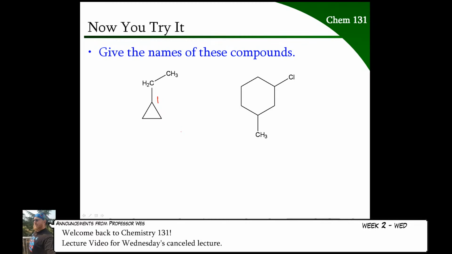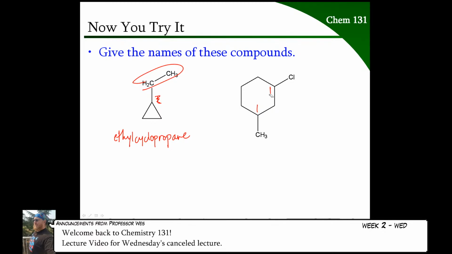On this first one, there is only one group, so we don't even need to number it. We just need to identify what it is. What is this? That's an ethyl cyclopropane. Over here on this one, I need to either number starting at the methyl group or the chloro group.